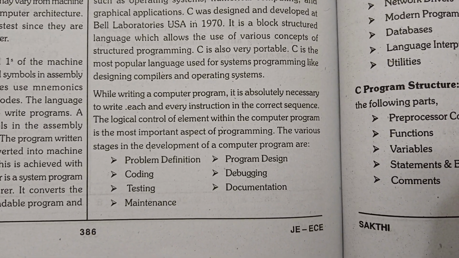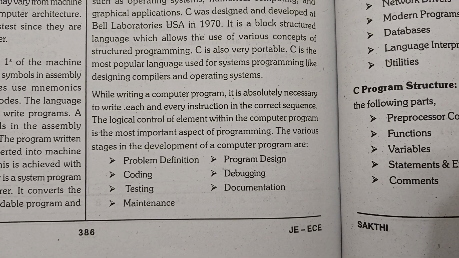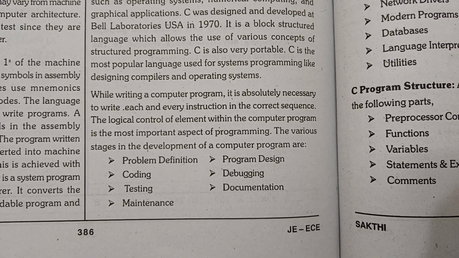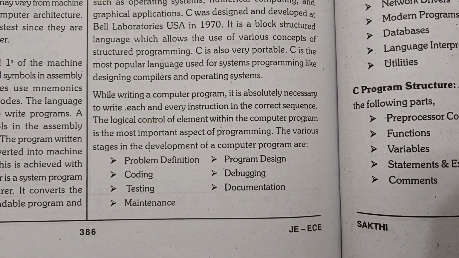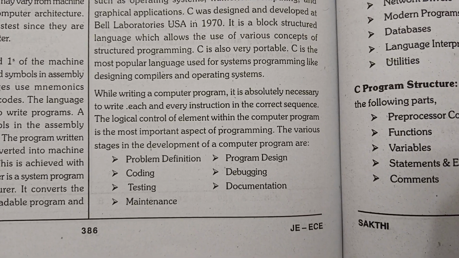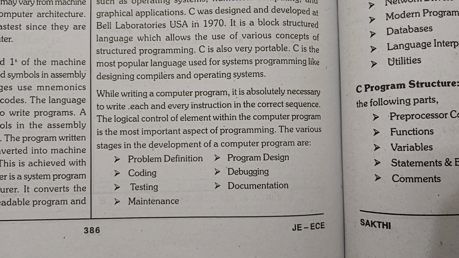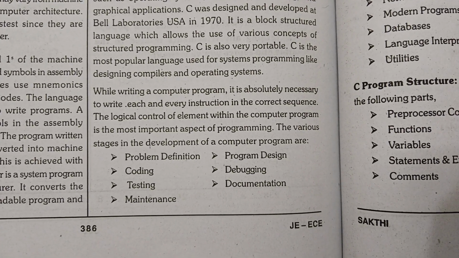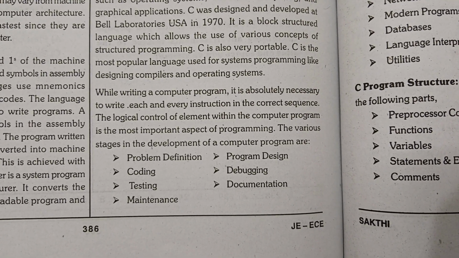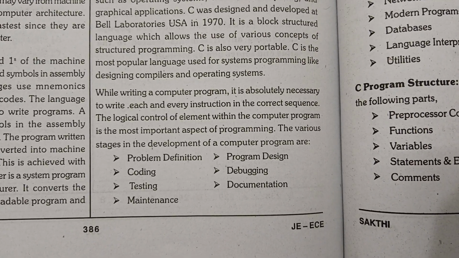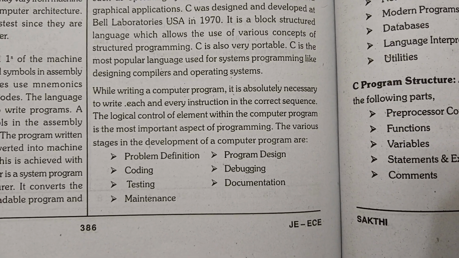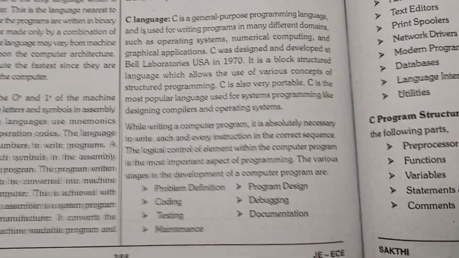The logical control of element within the computer program is the most important aspect of programming. The various stages in the development of a computer program are problem definition, coding, testing, maintenance, program design, debugging, documentation.